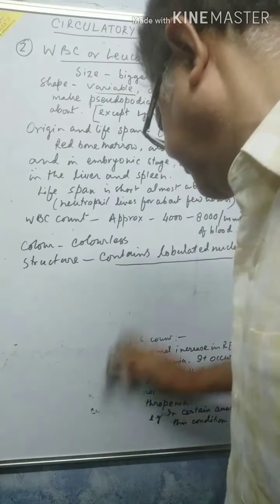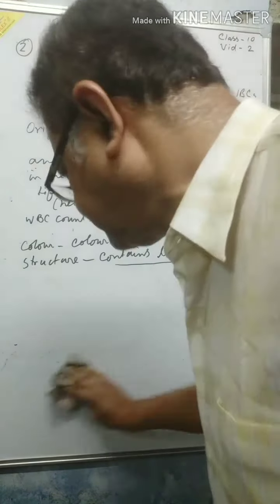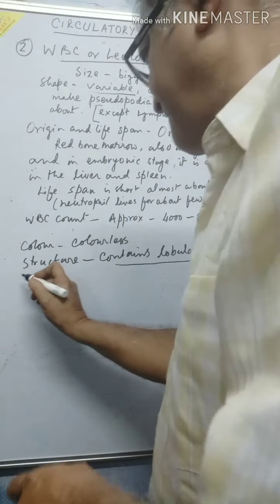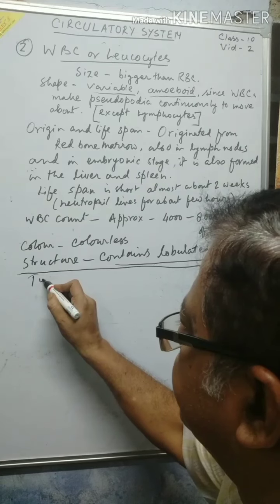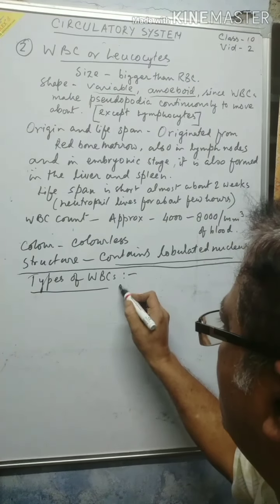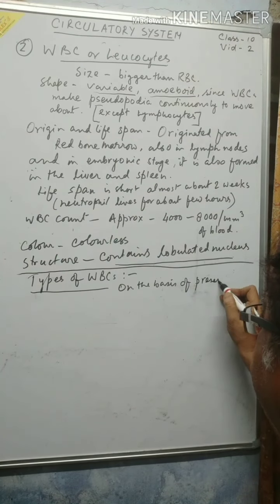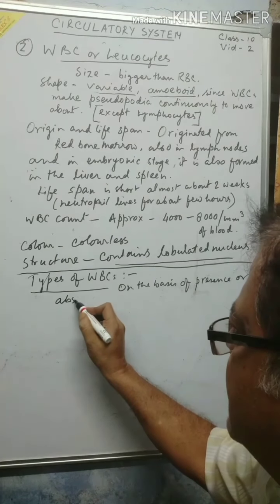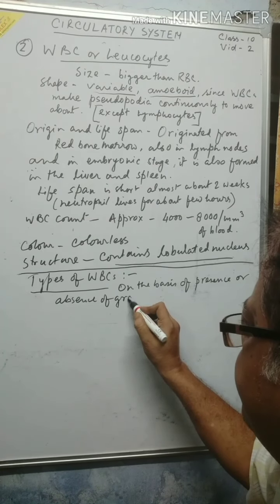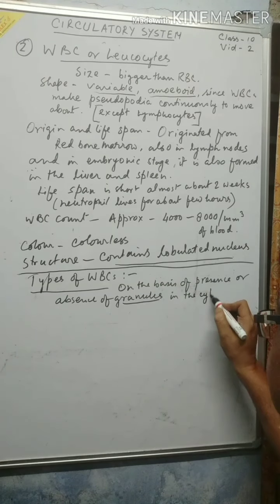Next we go on to the types of WBCs. Types of WBC depending on the basis of presence or absence of granules in the cytoplasm.